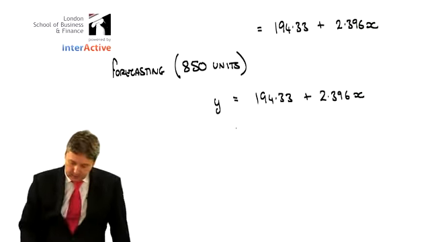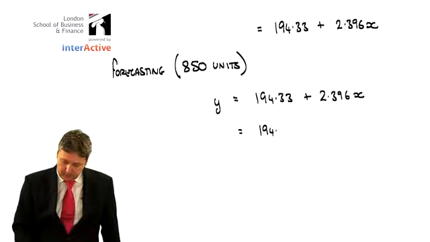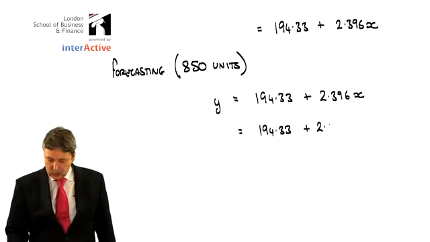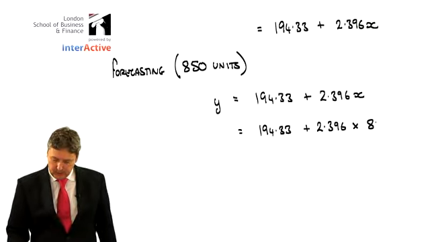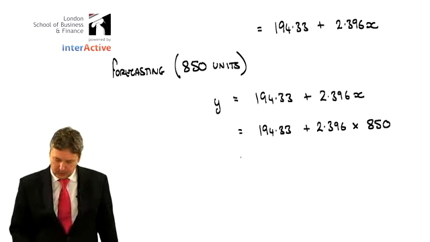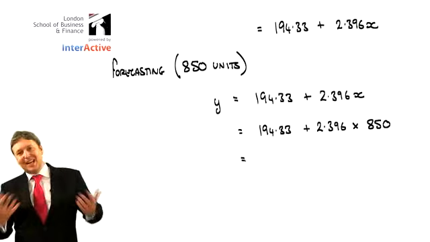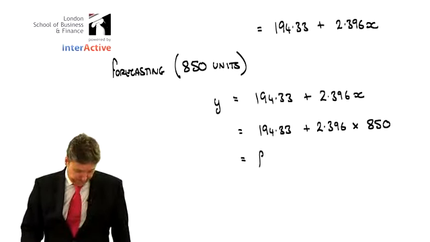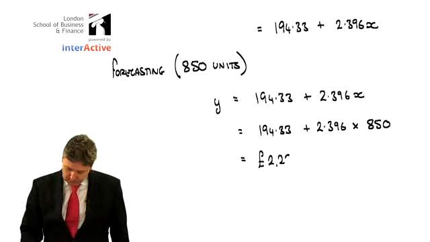If we do that, we take the 194.33, the fixed cost remains the same, plus 2.396 multiplied by the forecast units, 850. Slap those numbers into your calculator and you get 2230.9.